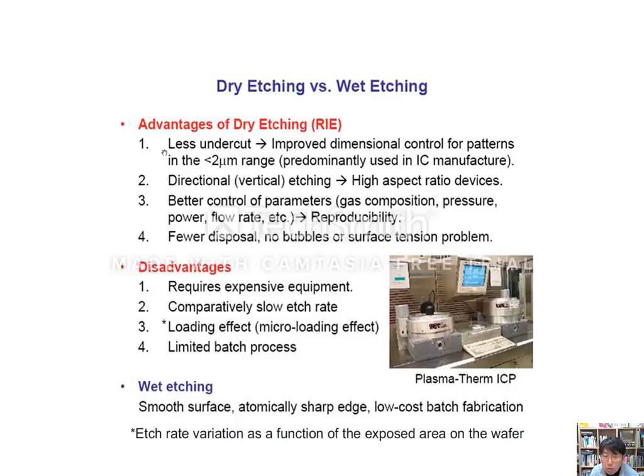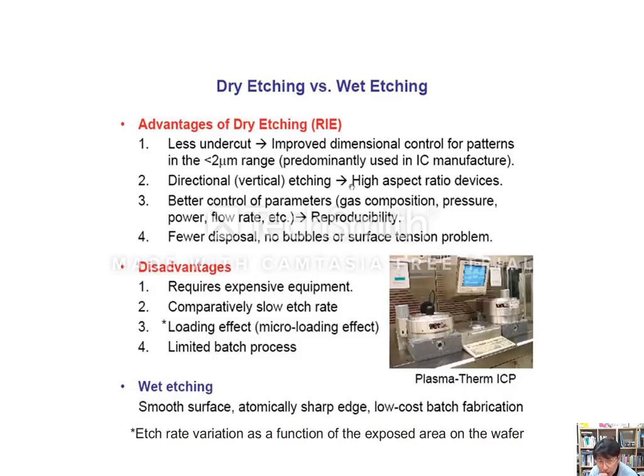But in dry etching, because of the anisotropic directivity of the ion beams, you have less undercut. So whenever you need really good vertical etching, dry etching is recommended. For example, if you want higher aspect ratio devices, dry etching is certainly the way to go.